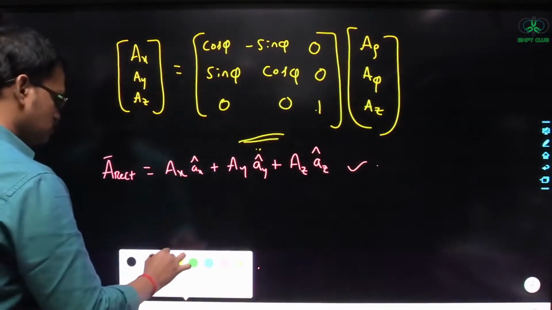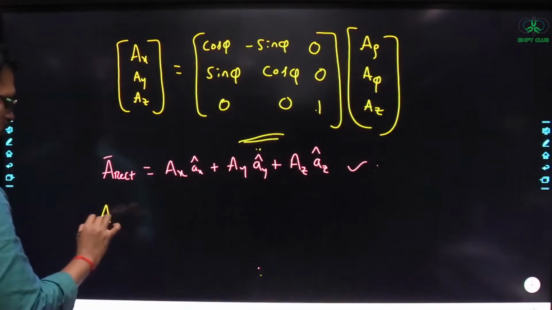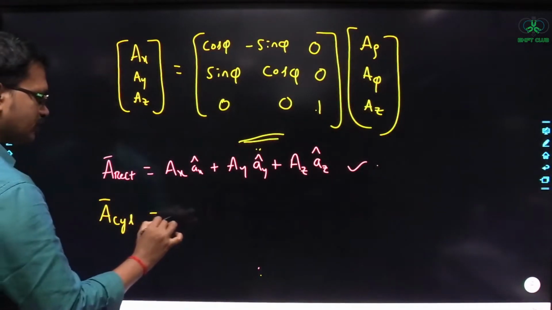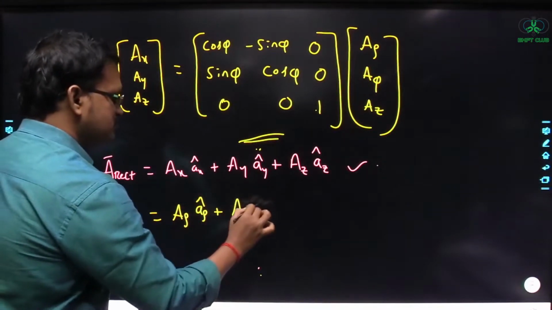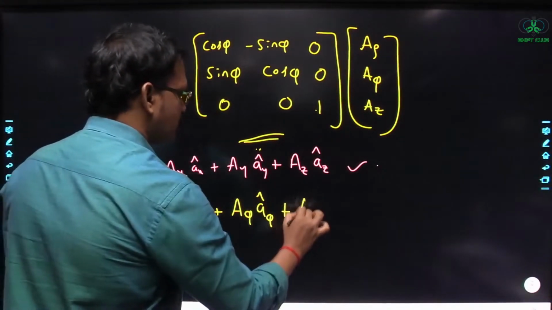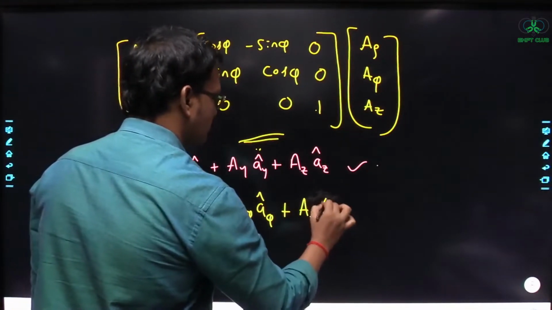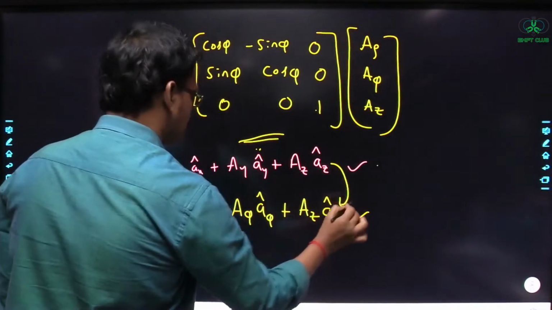And they have asked to convert into the cylindrical coordinate system. So in the cylindrical coordinate system, you are going to have a rho component plus a phi component plus a z component.